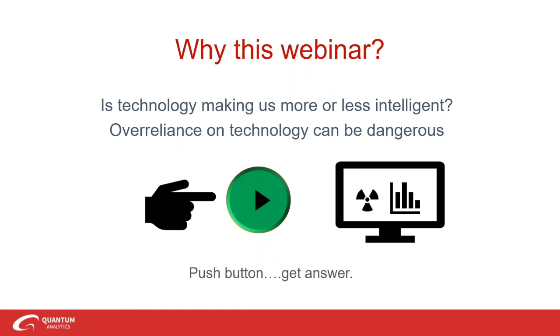Individually, we depend more on technology than ever before, but we can do much more than ever before. So collectively, technology has made us smarter, more capable, and more productive. But what technology has not really done is make us wiser, right?